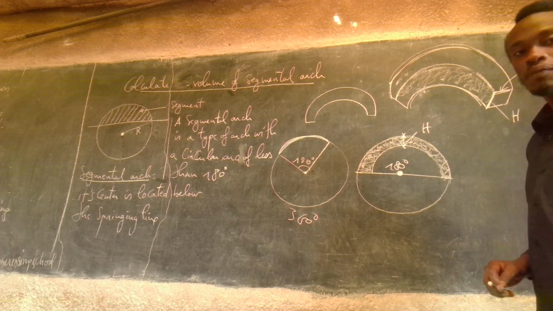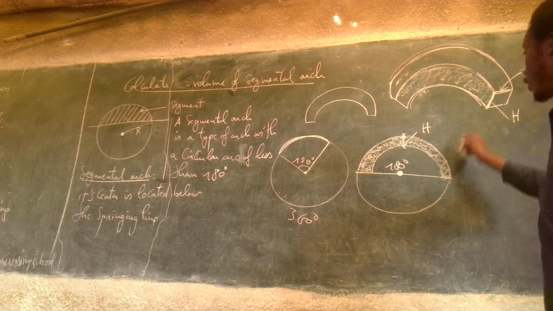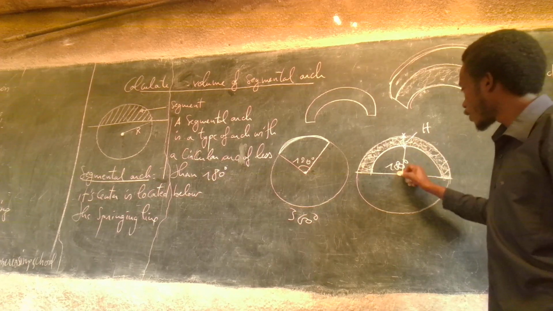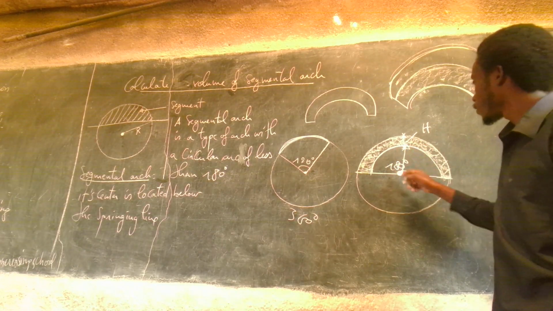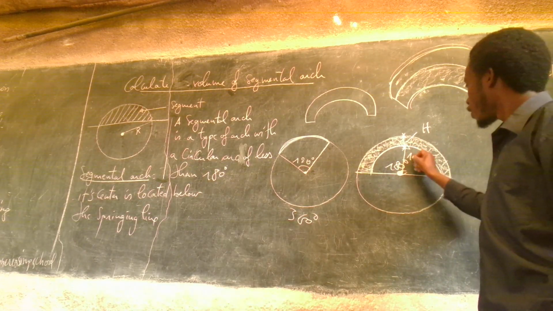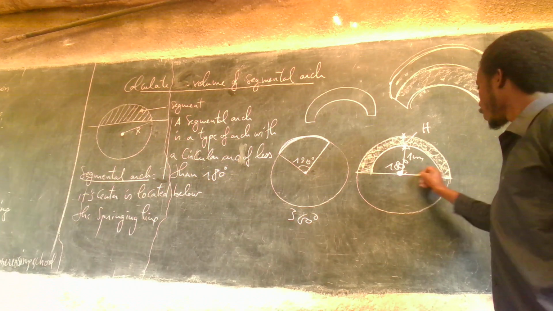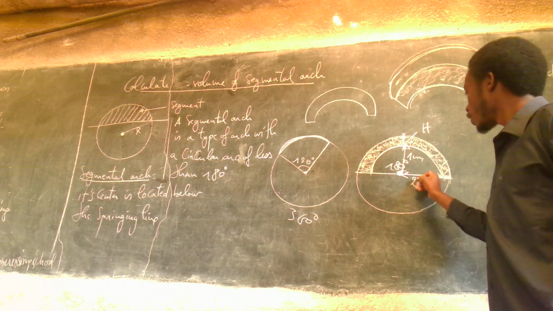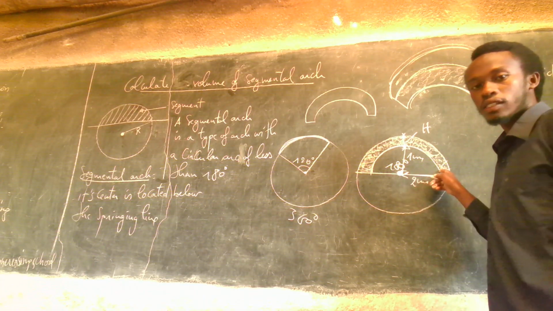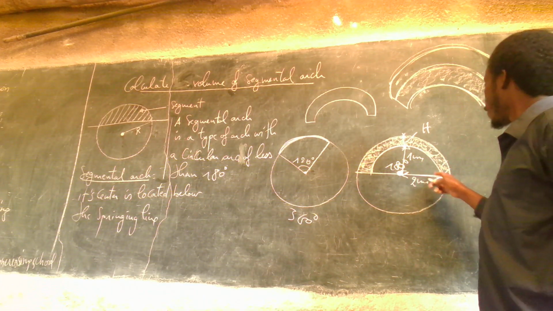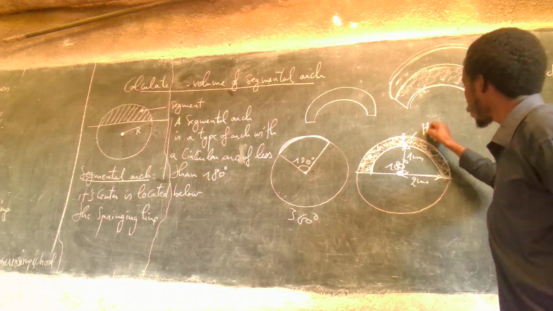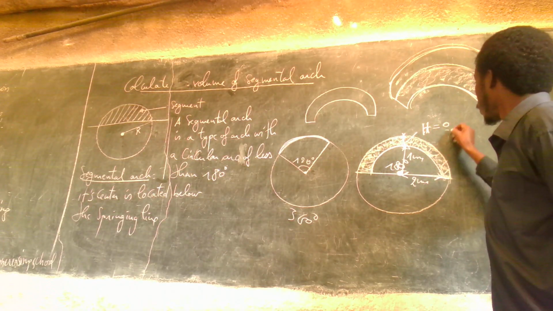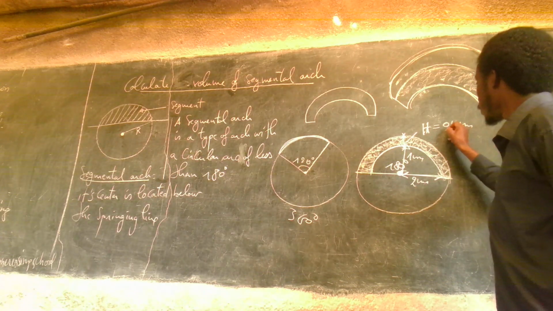Let us take an example. This is the rise of 1 meter. Let us take the radius to be 2 meters. This is the radius. And let me take the height of the arch to be 0.4 meter.